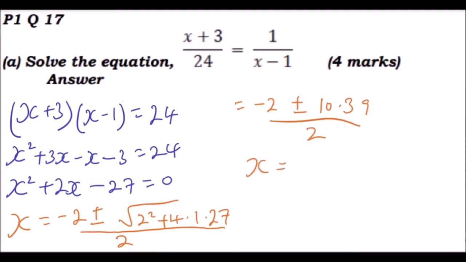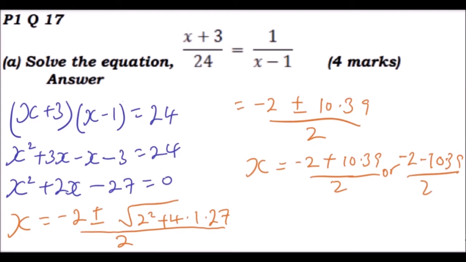Implying that x is equal to (minus 2 plus 10.39) divided by 2, or (minus 2 minus 10.39) divided by 2, and this should give you x is equal to 4.20 or minus 6.20, and this is to 2 decimal places. So that's how you work out that question.